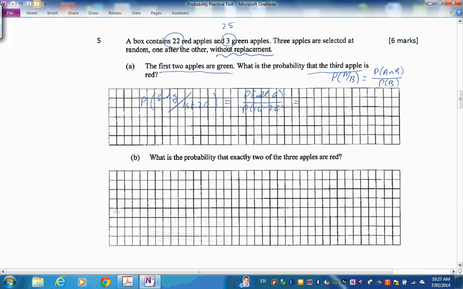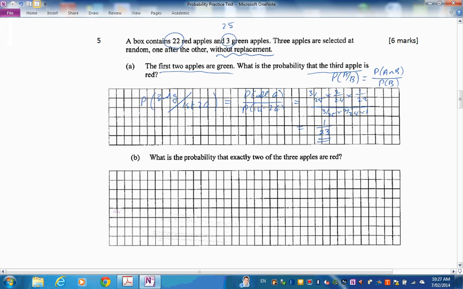Okay, all green is what? 3 on 25 by 1 less, didn't put it back, 2 on 24 by 1 on 23. All over the probability the first two are green: 3 on 25 by 2 on 24, and the last one can be anything. So overall it is 1 on 23, which you could have worked out just from sussing it out, I guess.